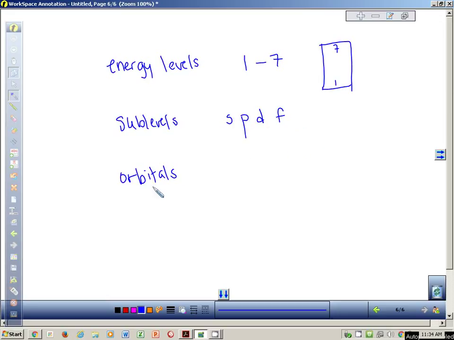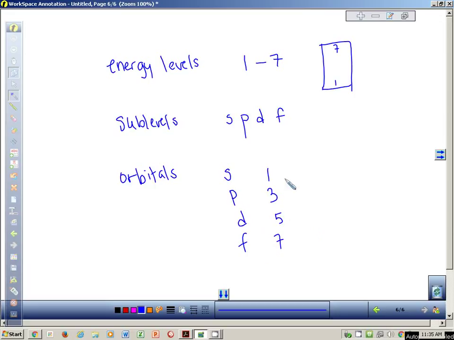Your notes also tell you how many orbitals there are for each of the sublevels. So basically, the way it works out is this. The S sublevel has 1 orbital, the P has 3, the D has 5, and the F has 7. That's how I remember this.